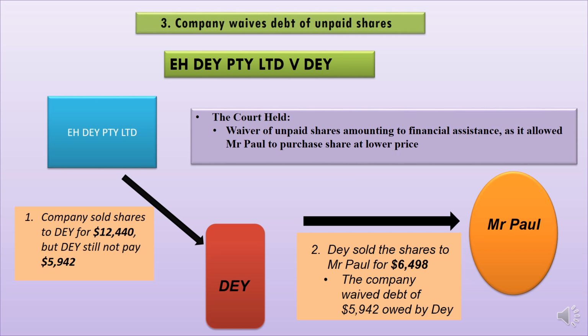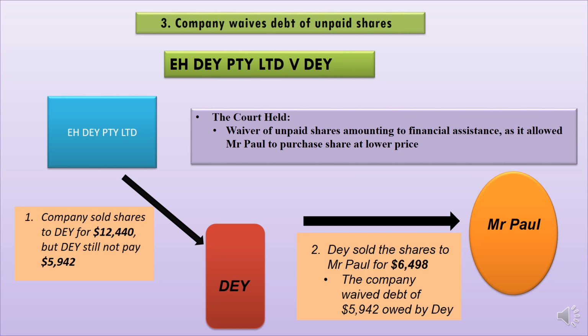Company with debts of unpaid shares. This is considered financial assistance. In this case, Day Private Limited sold shares to Mr. Day for 12,440 pounds.